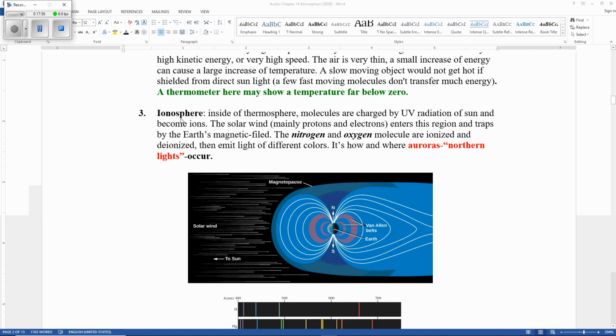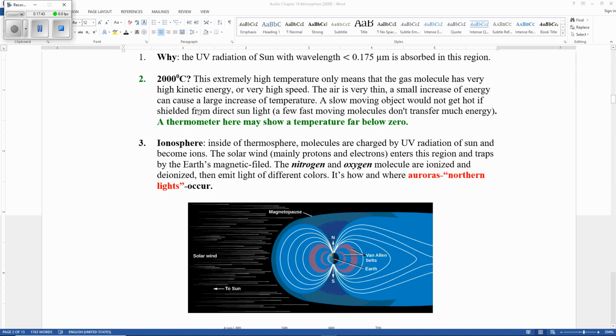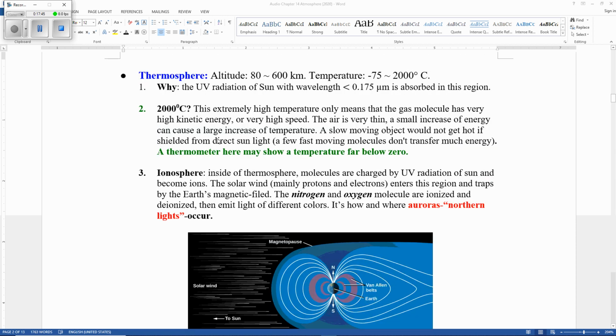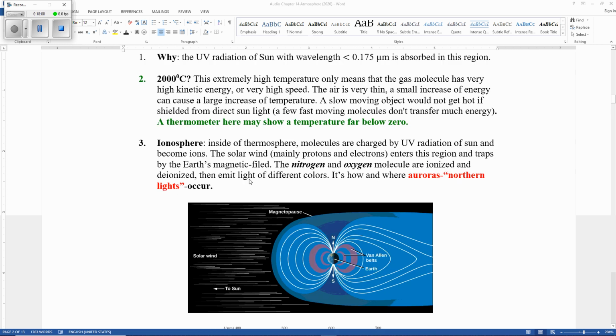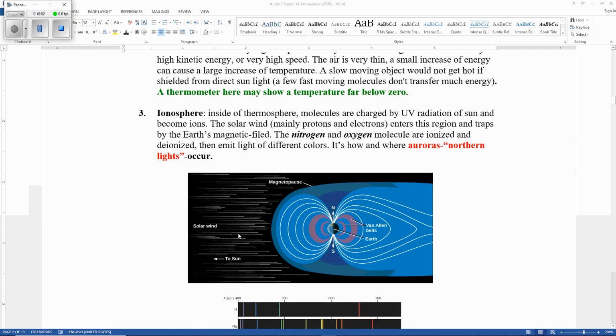So now the ionosphere. This is the inside of the thermosphere. Remember we say the molecules in the last region become what? Become ions. Means some lose electrons, some catch electrons. And even more, see the solar wind.